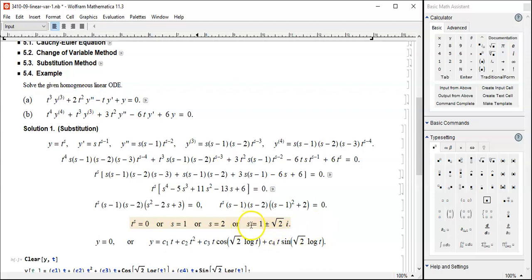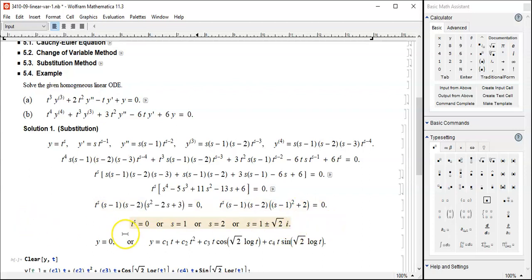And then s is 1 plus square root of 2 i, and 1 minus square root of 2 i. They're all coming from here. Or, of course, you can use the quadratic formula here to find the roots. Maybe that's easier. Yeah, you didn't need to complete the square here. You could have gone directly from here to there.